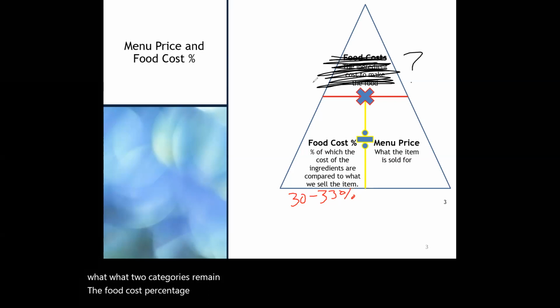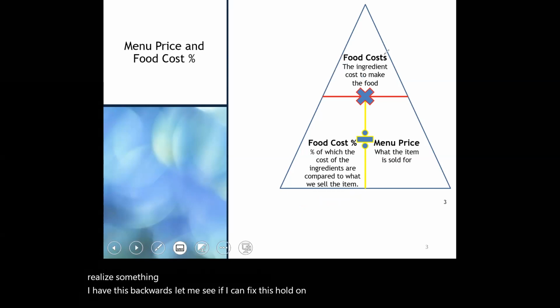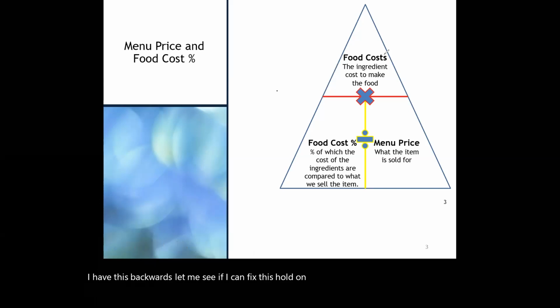Oh my goodness, I just realized something. I have this backwards. Let me see if I can fix this, hold on. Oh, the divide and the multiply? Yeah, divide and multiply are different. They're switched. Sorry about that.